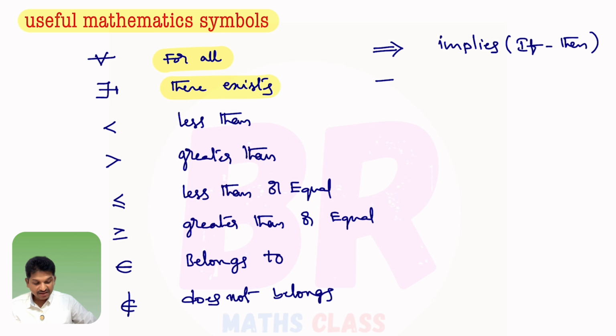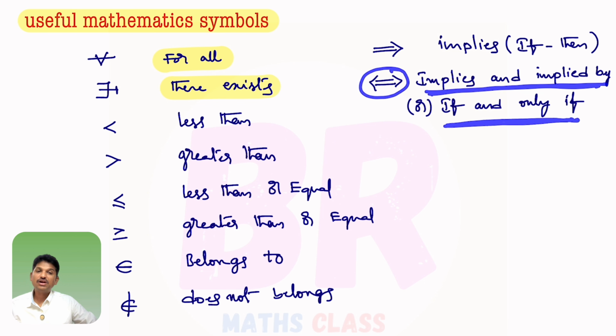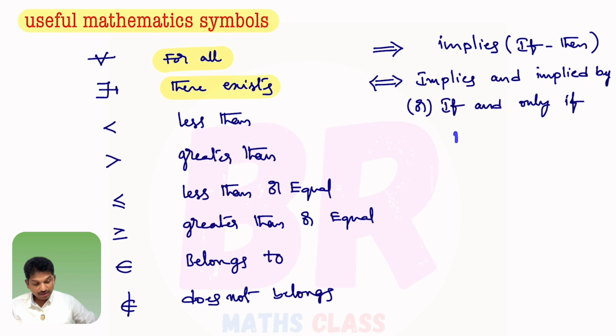This symbol is implies and implied by, or simply we write it as if and only if. It can be written like this also, and we read it as if and only if. This is like two-way.